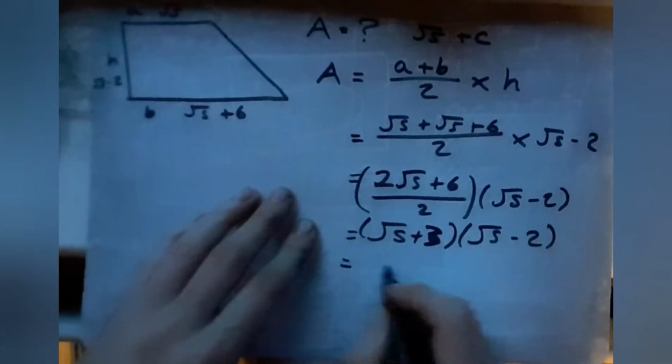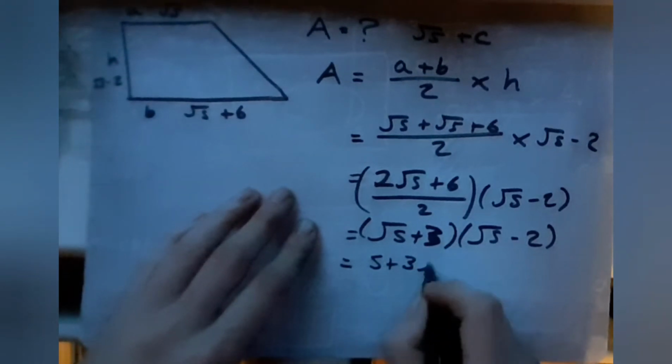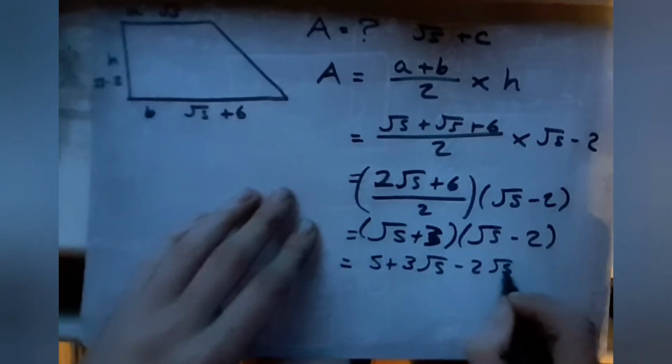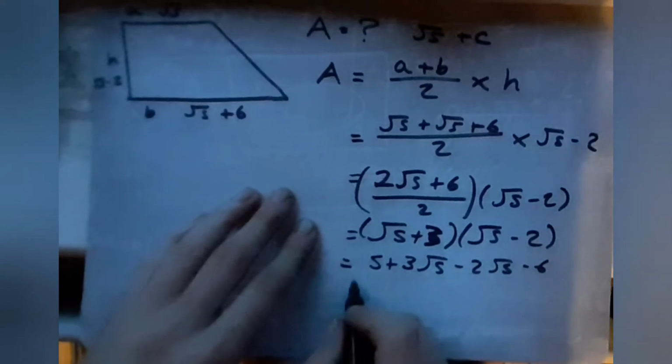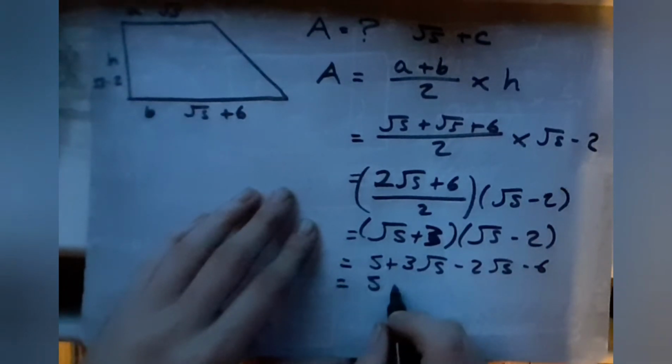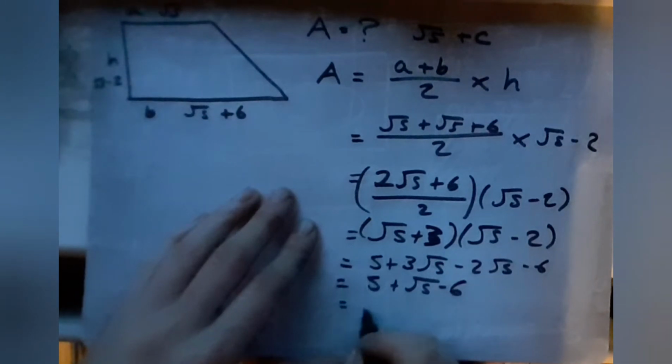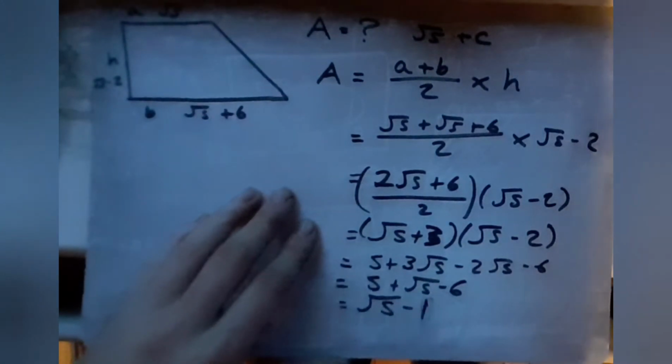So √5 times √5 is just 5, then 3√5 minus 2√5, minus 6. So we get 5 plus √5 minus 6, or √5 minus 1.